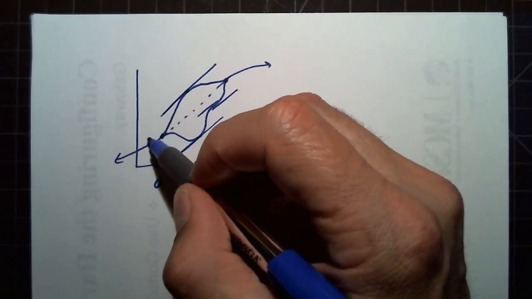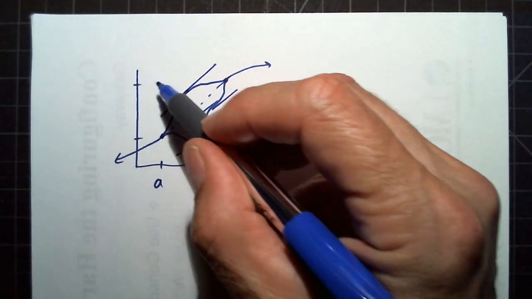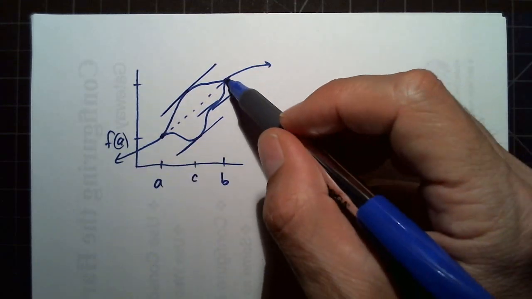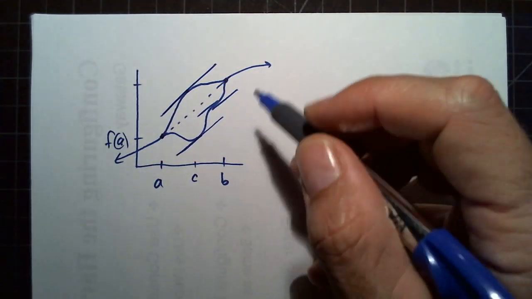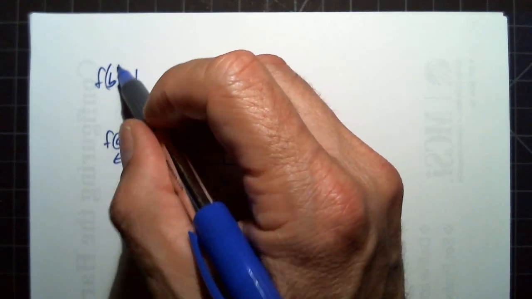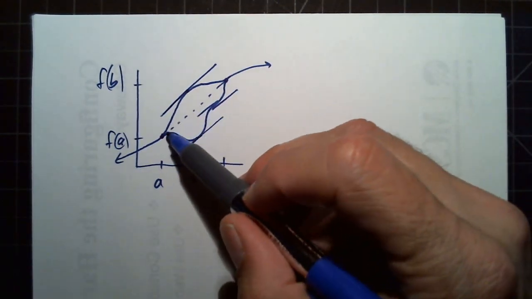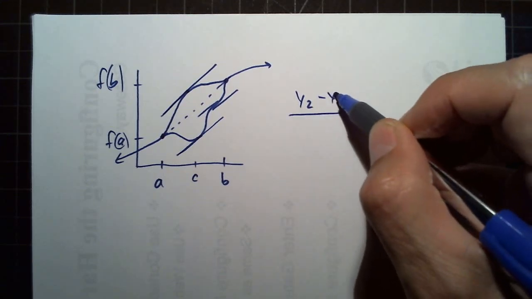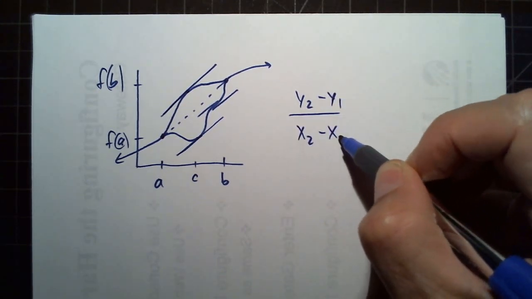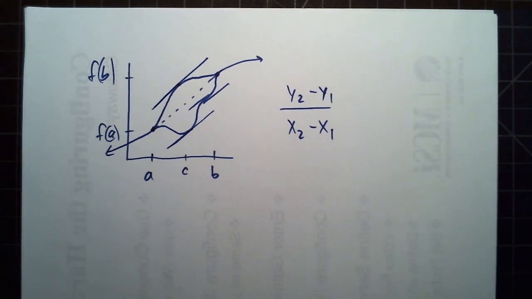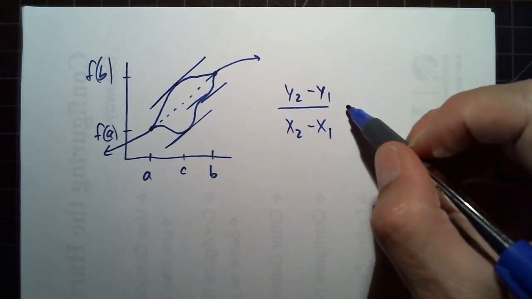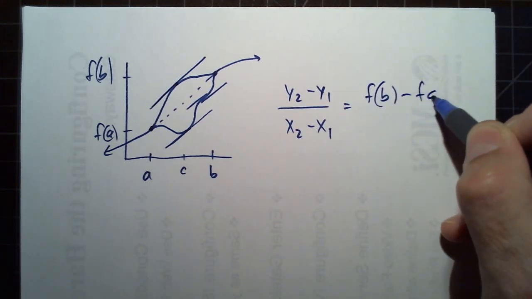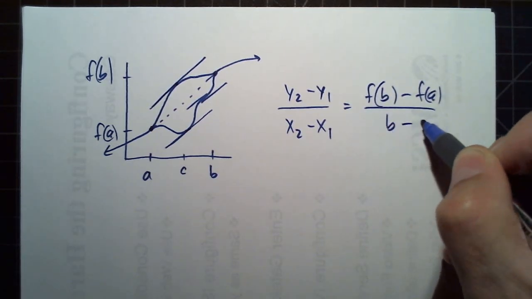And if we look at the notation for that, this y value is f of a, this y value is f of b. When we talk about the slope of a straight line, we use y2 minus y1 over x2 minus x1. But with this notation, we're going to say f of b minus f of a over b minus a.